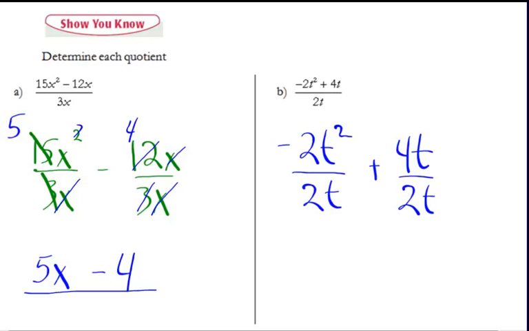We have negative 2 divided by 2 is negative 1. T squared divided by t, we can get rid of the squared and it gets rid of the t on the bottom. On the right hand fraction, we have 4 divided by 2 is 2. T divided by t cancels out, and we end up with negative 1. The t is still there, plus 2.